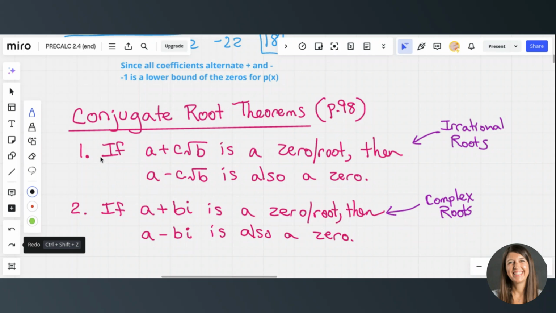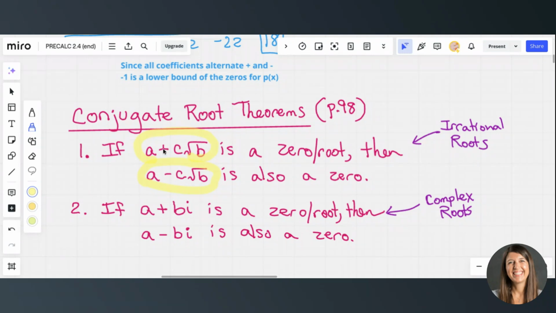So if the root is irrational like this, in the form of A plus C root B, then we have a conjugate that is A minus C root B. See how these are conjugates of each other? A stays the same, but the sign in front of the radical changes from positive to negative, okay?